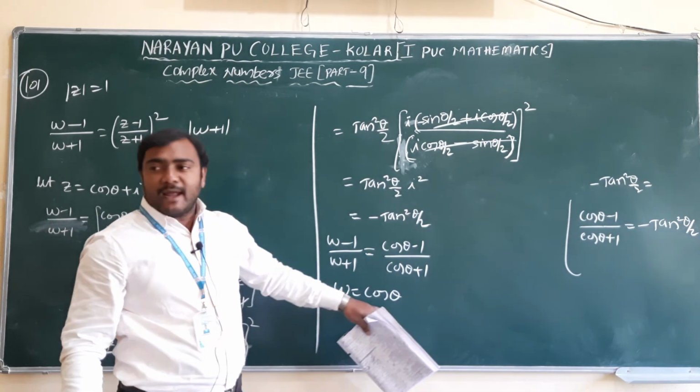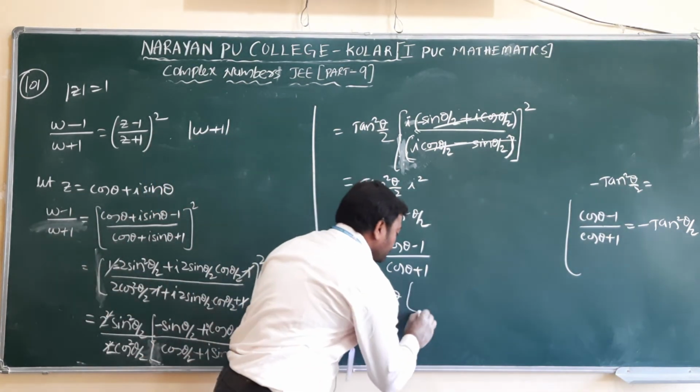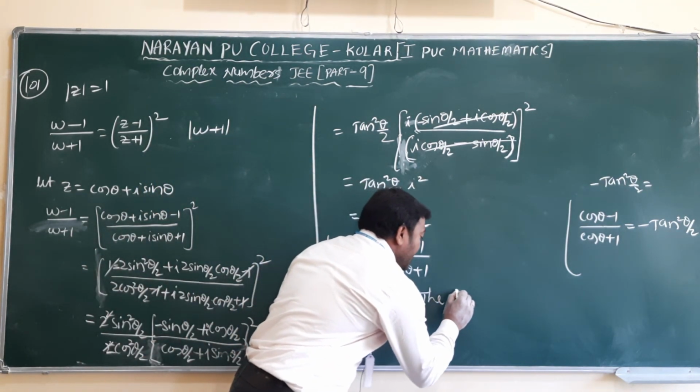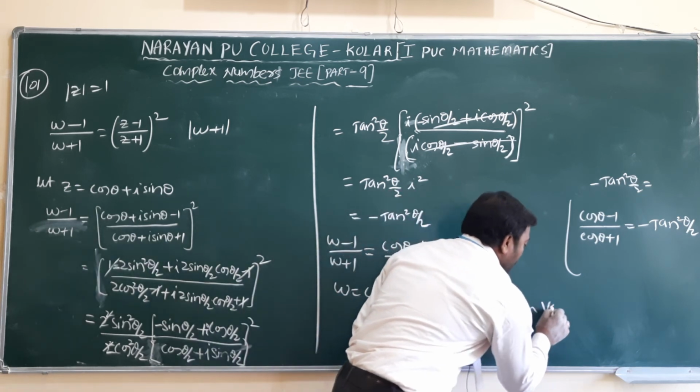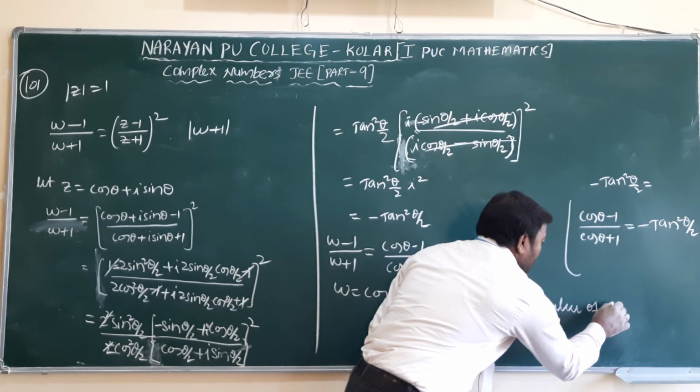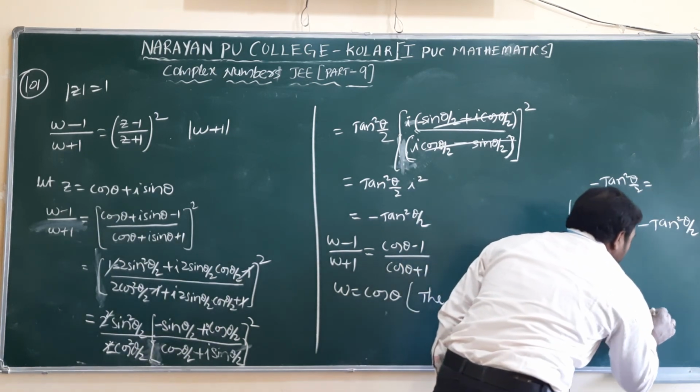Therefore, the maximum value of cos theta is 1. Because the range of cos theta is minus 1 to 1, the maximum value of cos theta is 1.